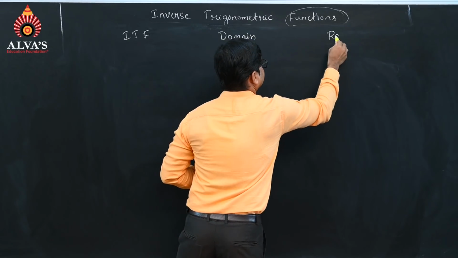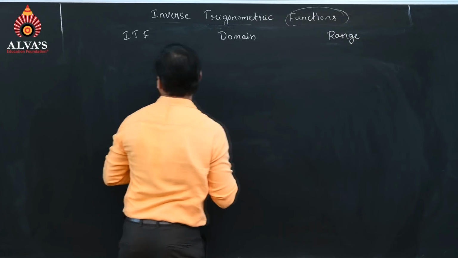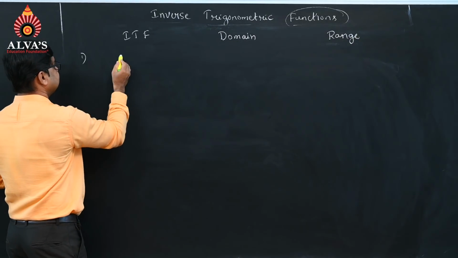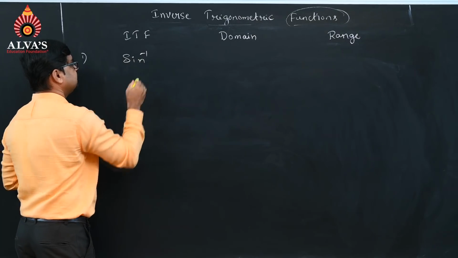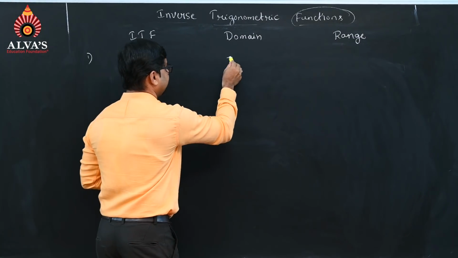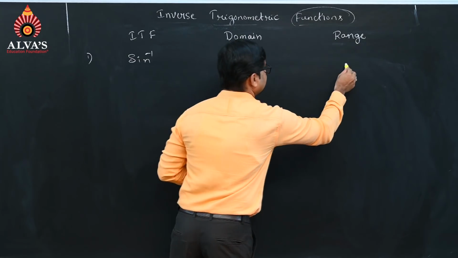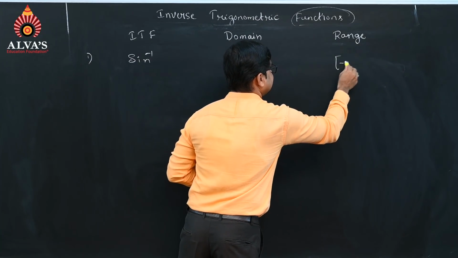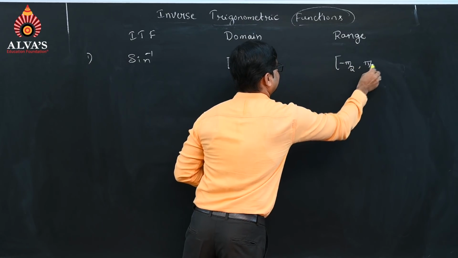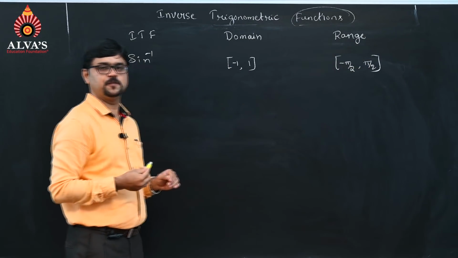So first, inverse trigonometric function, domain, range. First one, the sine inverse function: domain is the closed interval -1 to +1, and the range is the closed interval -pi by 2 to +pi by 2.